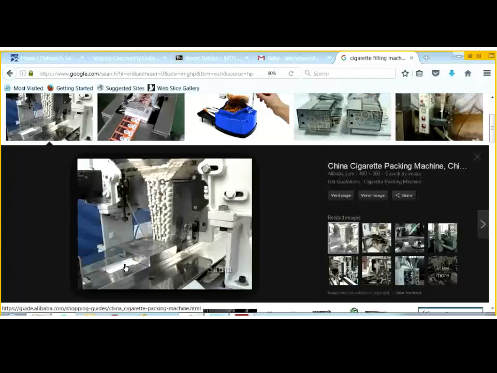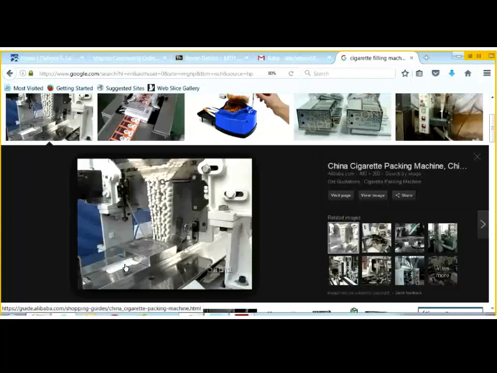Anyway, they actually build the cigarette box around the cigarettes, and then they glue the seams, and one of the key things about making paper for cigarette packing machines is that the glue dries quickly enough so that when they come out the end of the machine, the glue's not going to fail and the pack fall apart.